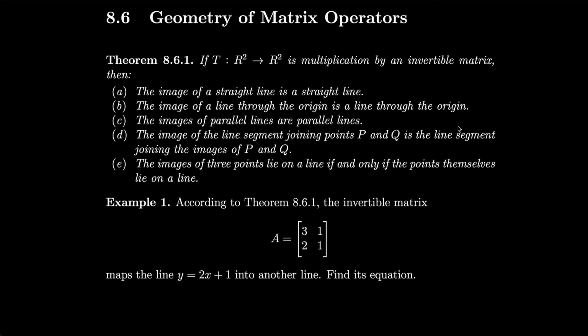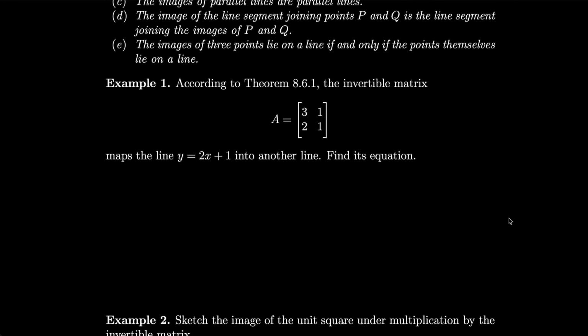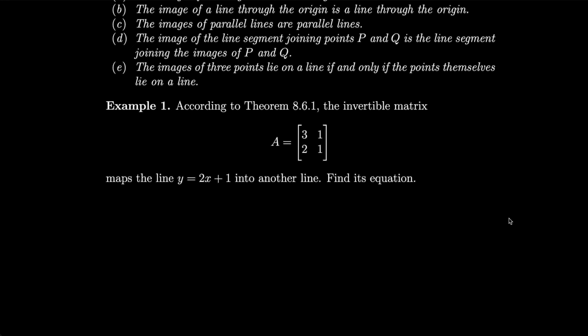Let's do an example. According to this theorem, the invertible matrix A maps the line y equals 2x plus 1 into another line. Let's find the equation of the other line.